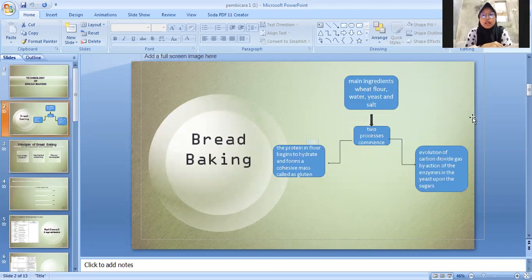Bread baking. Main ingredients are flour, water, yeast, and salt. Two process components. The first, the protein in flour begins to hydrate and forms a cohesive mass called gluten. Second, evolution of carbon dioxide gas by the action of the enzymes in the yeast on the sugars.